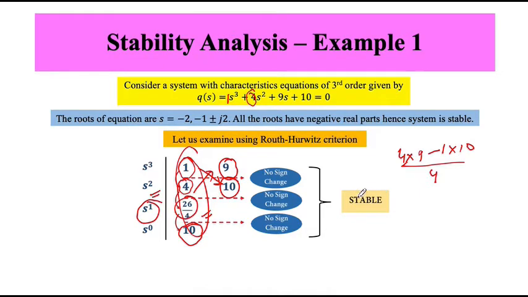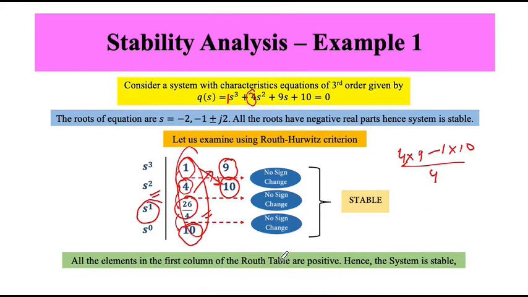Therefore the system is stable. So all the elements of the first column of the Routh table are positive, hence my system is stable. I calculated the roots of the equation also over here, which all have negative real parts, hence the system is stable.